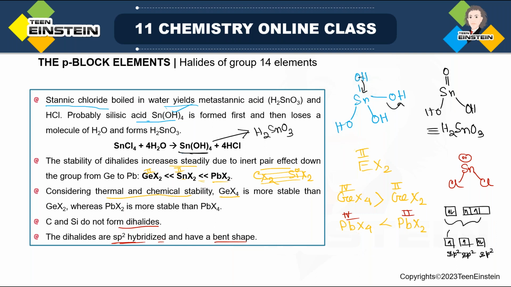So these two will be used for bond formation with chlorine, and this is actually the lone pair. So total 3 coordination, and it is bent shape, because if you just omit the lone pair, the rest of the portion has this type of shape. So that is why it is bent shape. Otherwise, if you consider only sp2 and 3 coordination, then it is trigonal planar, but without the lone pair, it will be bent shape.